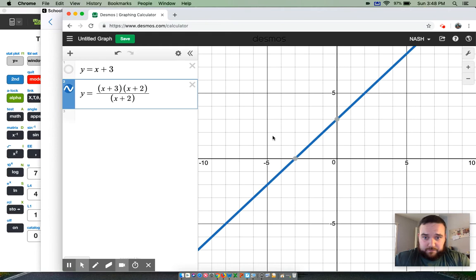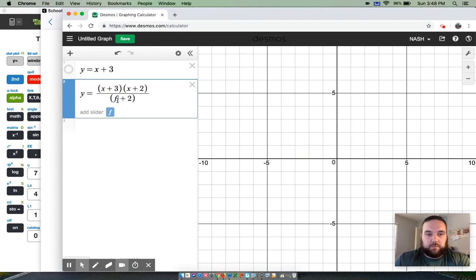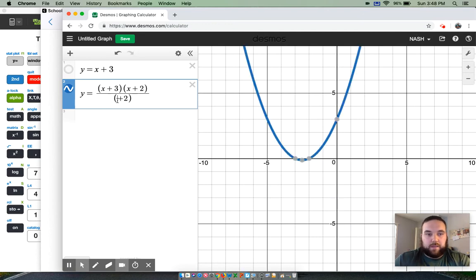The difference is, and the only place Desmos fails is that it doesn't show us the hole in the graph. If I go to negative 2, Desmos tells me it's undefined. And of course, the reason it's undefined is because if I plug in negative 2 for x here, I'd be dividing by 0, and that can't happen.